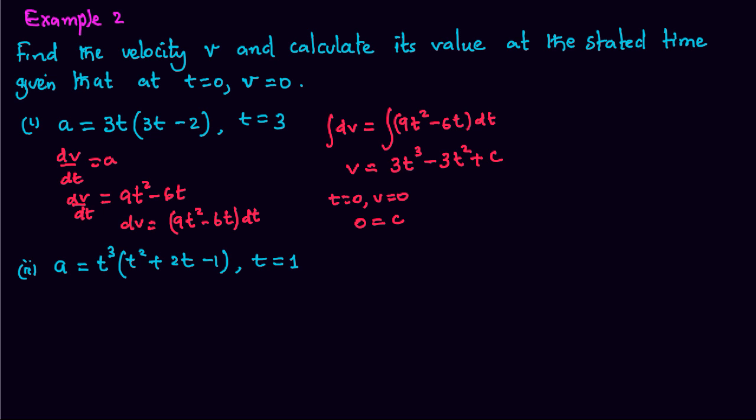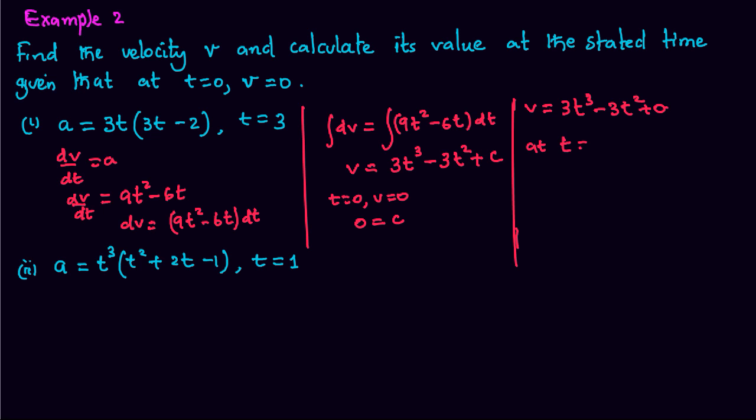So our general constant is equal to 0, and therefore the velocity becomes v is equal to 3t cubed minus 3t squared plus 0.